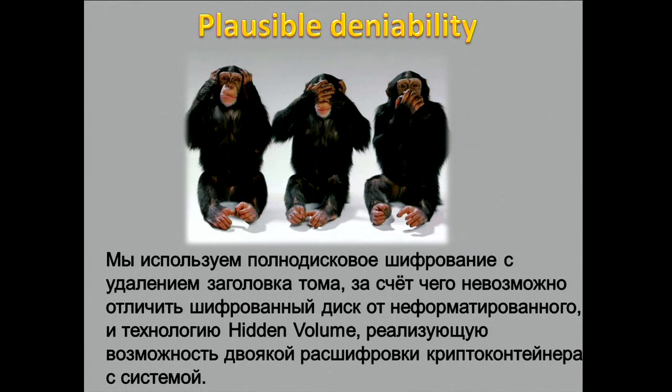We'll use full disk encryption with deletion of the volume header. What does it mean? We have a computer and a hard drive, and statistically, the information is random and not possible to differentiate. There are no headers, nothing. And we have a USB drive, which is the carrier loader. That's the daily method. It's very comfortable.